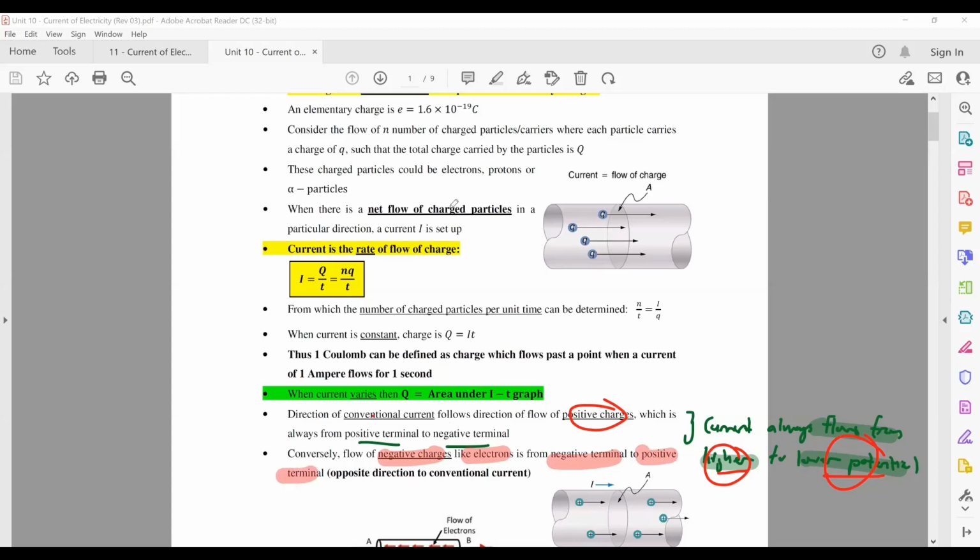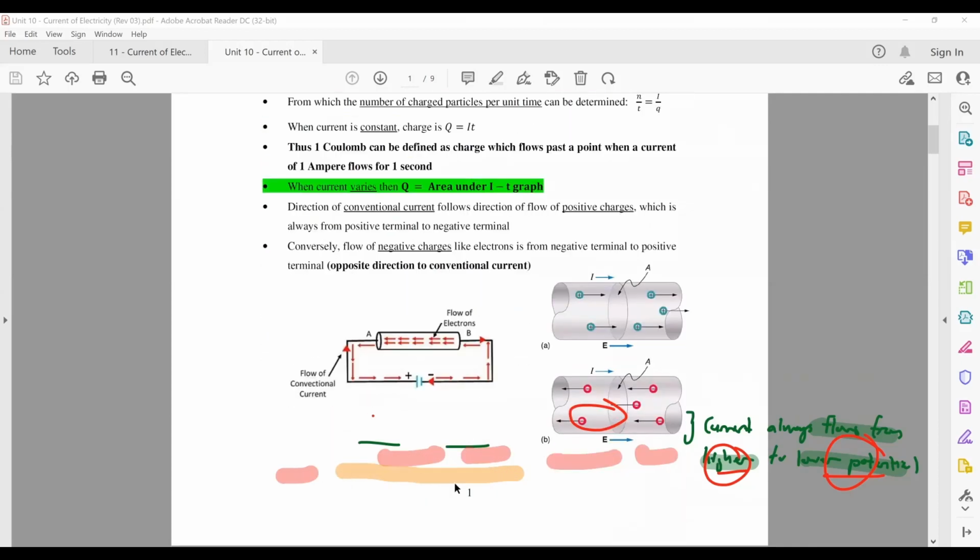In other words, always just think of it this way: negative charges will always be flowing in the opposite direction to conventional current. Conventional current is flow of positive charge from positive to negative terminal. Flow of negative charges like electrons will always be the direct opposite. It will be going from negative to positive instead.